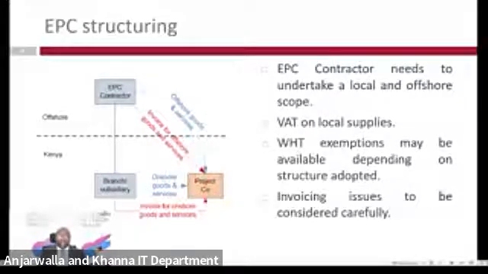Now, the issue which arises from a tax perspective is that for your EPC contractor, you'd want to ensure that there's a very clear delineation between the offshore scope and the onshore scope.